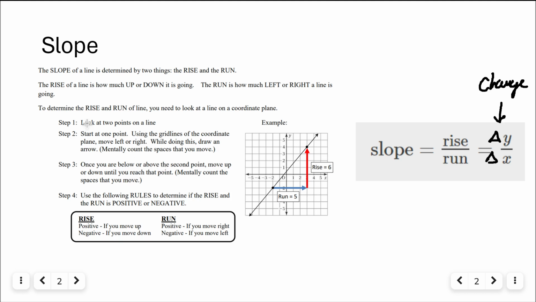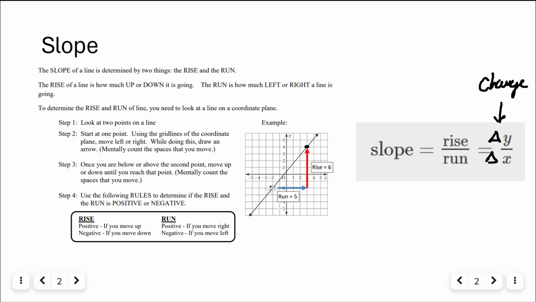Okay. So to determine the rise and run, or delta y over delta x, you need to pick 2 points that are on the corner of a square, right, that are on whole numbered points. And then you just need to count the boxes. So from this point, I usually do rise first because y is first anyway in the numerator.